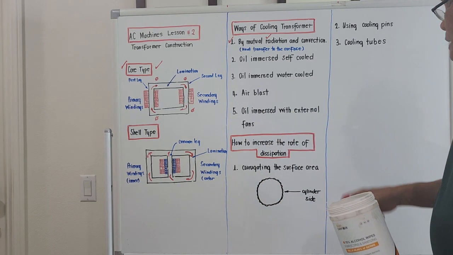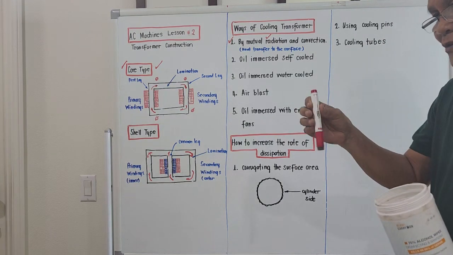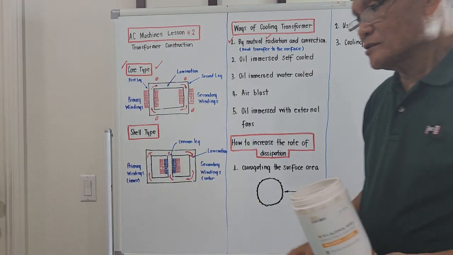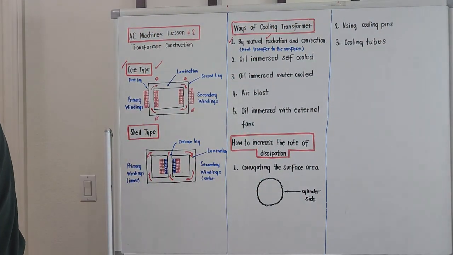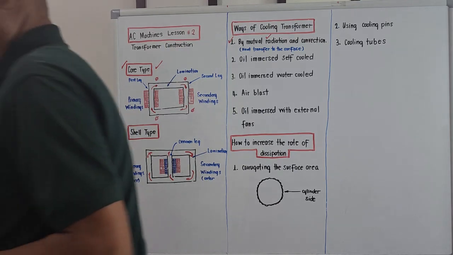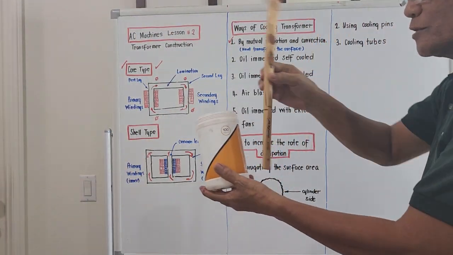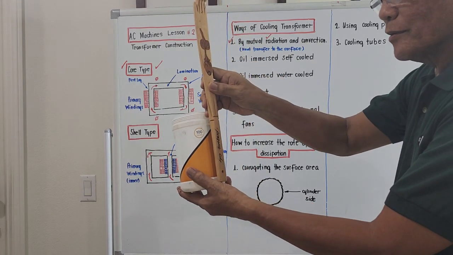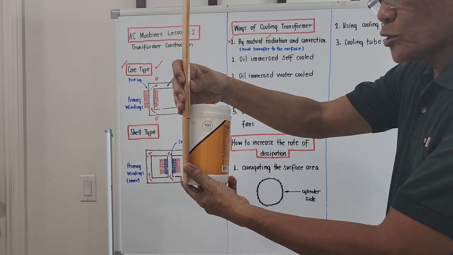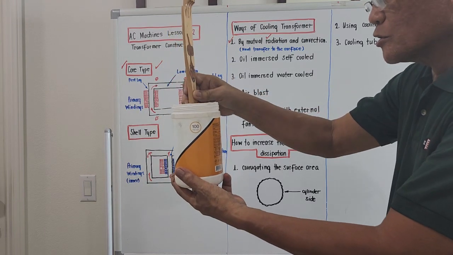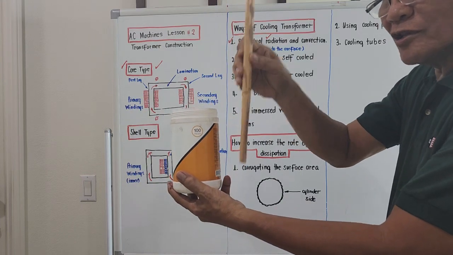Okay, that's cooling tubes. The cooling pins are the same as the cooling tubes. It's just that I think it's a rectangular thing, and instead of a round thing for a cooling pin, it should be something like this, rectangular. It goes around the transformer. It was welded on the casing of the transformer, so it adds more surface area to dissipate the heat.